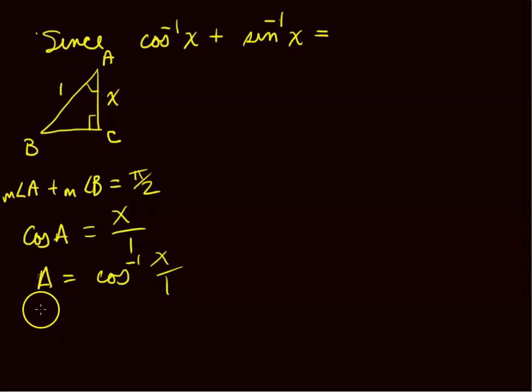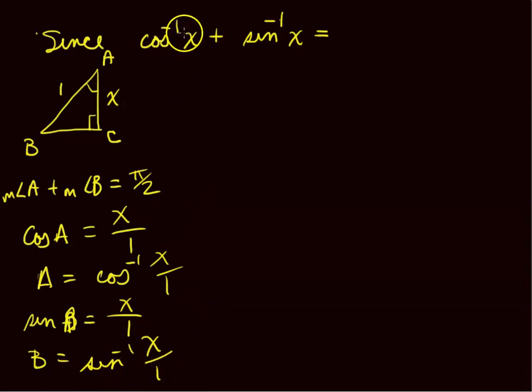And if I take the sine of B, it's the opposite, x over 1. But B is the inverse sine of x over 1.